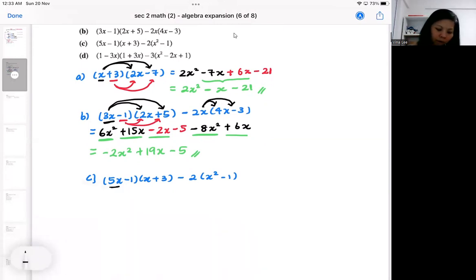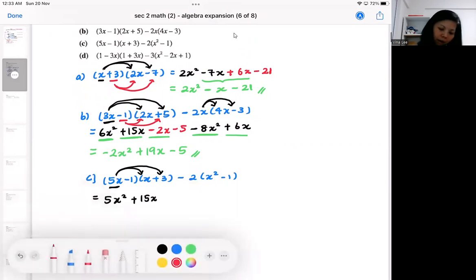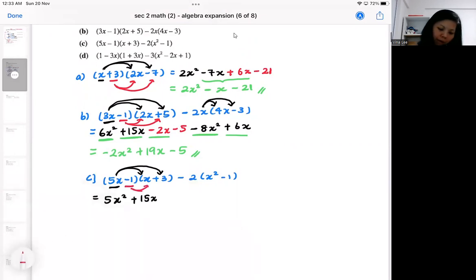You take the first guy and multiply, take the second guy and multiply, and do your Set 1 expansion here.